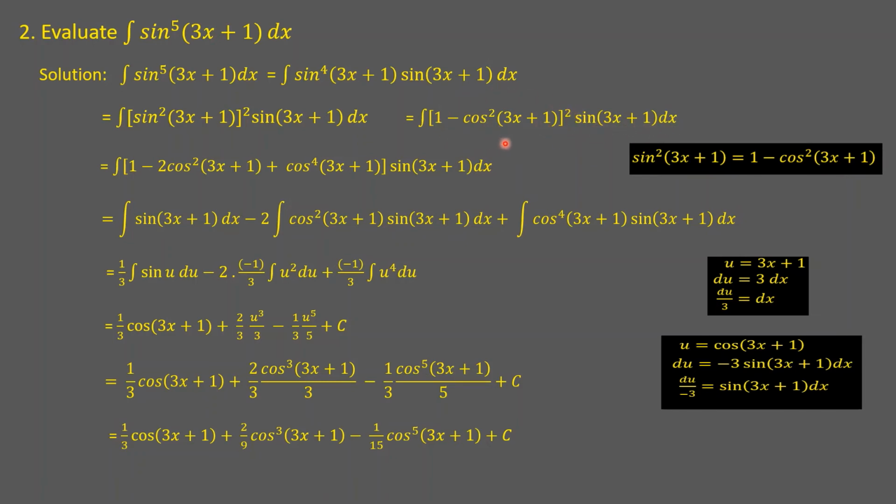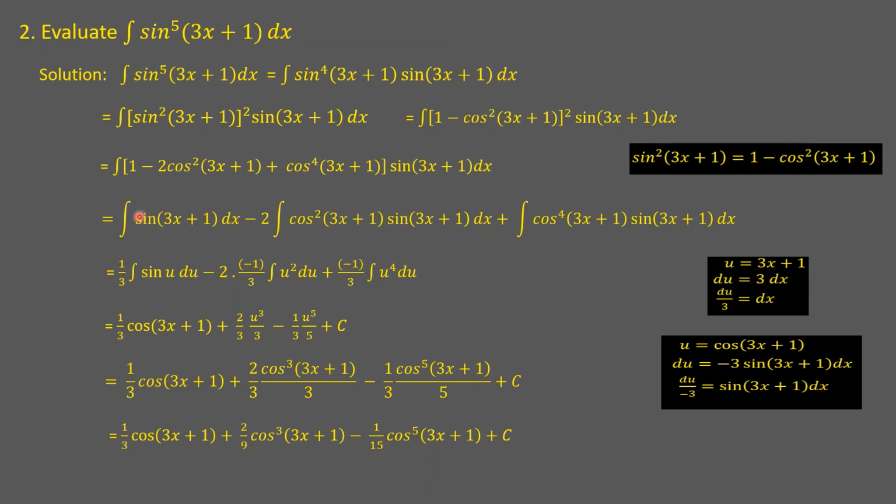Expanding the square of 1 minus cosine squared of 3x plus 1, we will have 1 minus 2 cosine squared of 3x plus 1 plus cosine to the 4th of 3x plus 1. We multiply this with sine of 3x plus 1 dx and evaluate the integral.